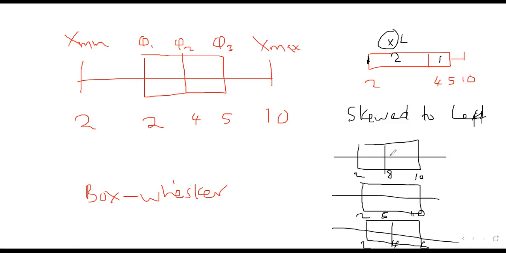So here, the bigger gap is here. So this is skewed to the left. Between 2 and 8, there's a bigger difference. Here, the difference is bigger between 5 and 10, so it's skewed to the right. Here we have 2 difference, and here we have 2 difference. So this is called a normal distribution. If you have a normal distribution, it means 50-50.